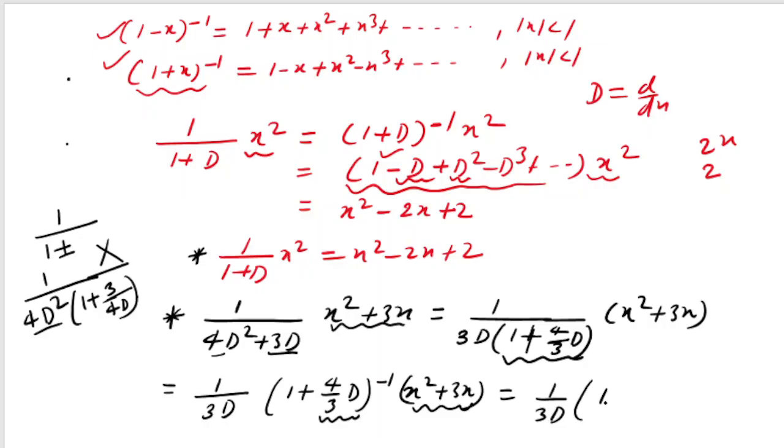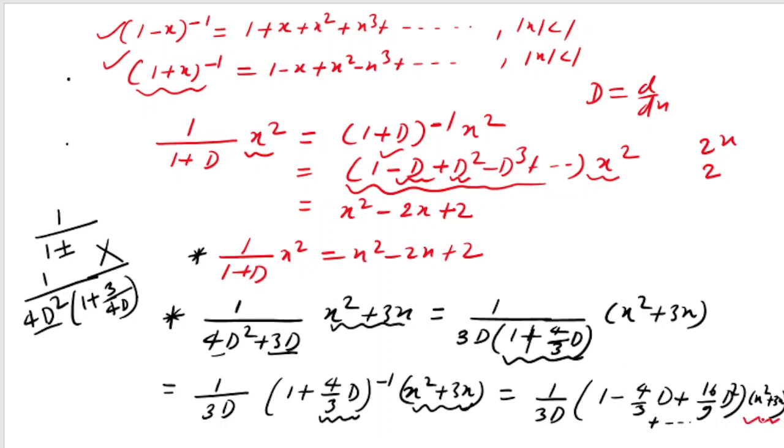So 1 minus x, that is 4 by 3D, and then plus its square, 16 by 9 D square, and that we have to operate on x square plus 3x. There are many other terms that could be written in this expansion, but there is no need to write those terms, because those will be D cube terms.